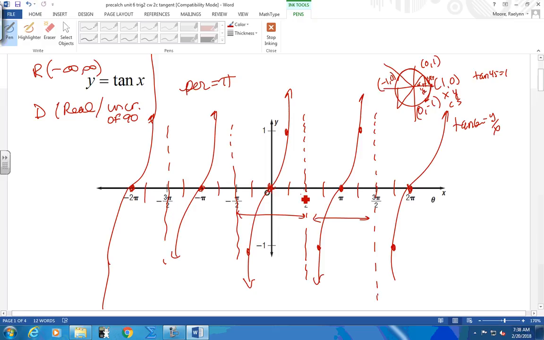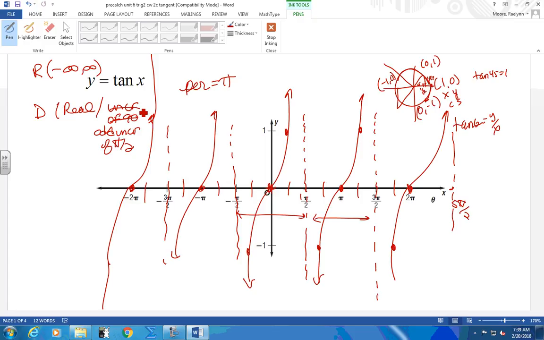So look at this. This is pi over 2. This is 3 pi over 2. Over here, what is my next asymptote going to be? 5 pi over 2. So what do you notice? Every other, every odd increment of 90. Okay, so we narrowed this down a little bit. We can use 0, we can use pi, we can use 2 pi.